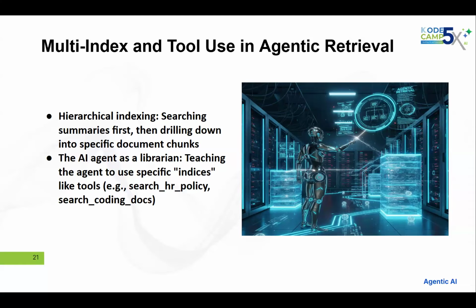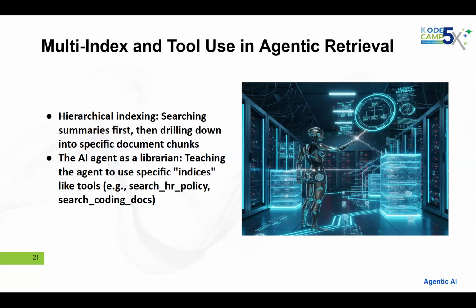And that's like when the agent searches through the summaries index. Now, when it identifies the summary that contains that information, you now go to that shelf in the case of the physical library, and then you search for the specific books that are more relevant to what you're looking for.